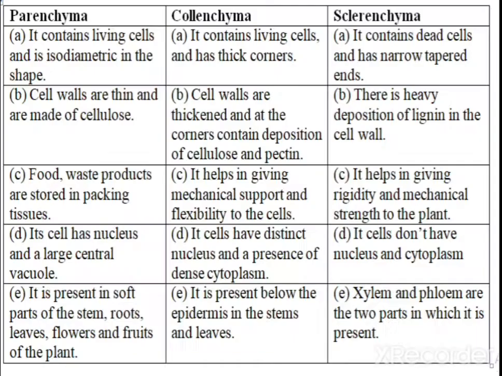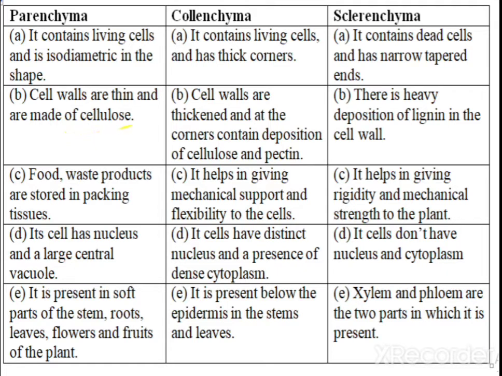Now let us compare parenchyma, collenchyma and sclerenchyma. Parenchyma consists of living cells and they are isodiametric. Isodiametric means the diameter of the cells will be more or less similar. Collenchyma contains living cells but thickened at the corners. And sclerenchyma has dead cells and they are narrow, tapered cells.